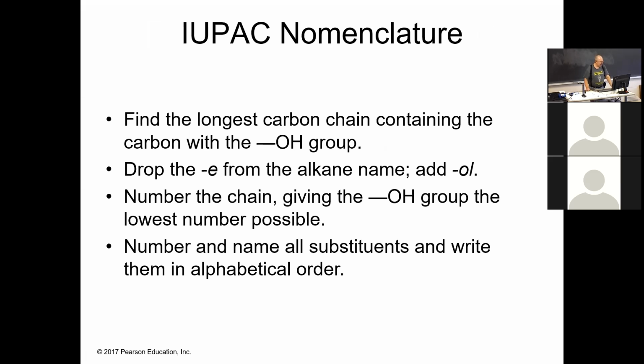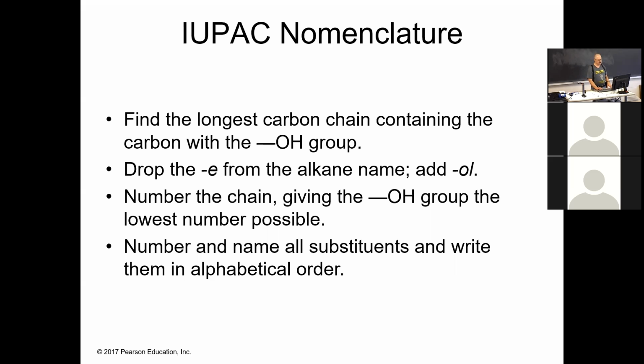To name alcohols, just like with any other functional groups, we find the longest carbon chain that contains the OH group. And then we drop the E from the alkane name and add -ol.